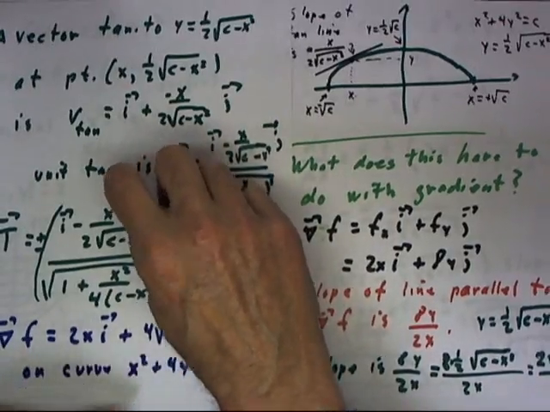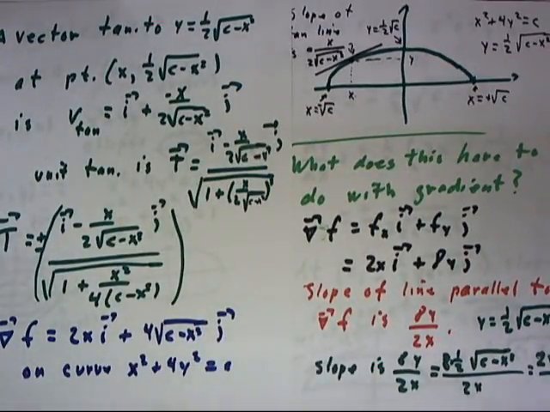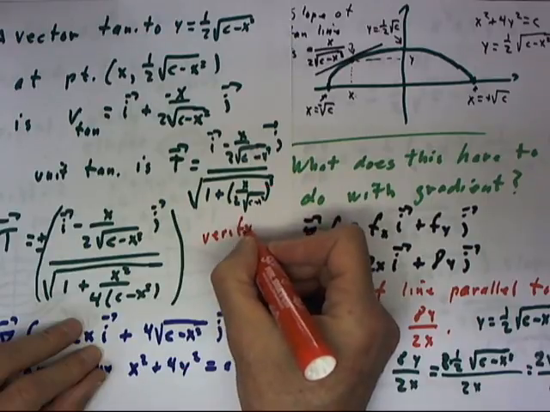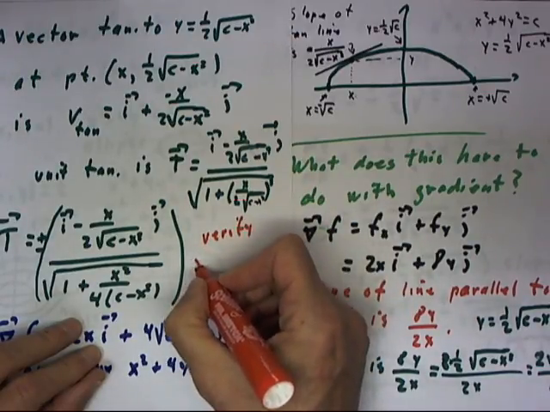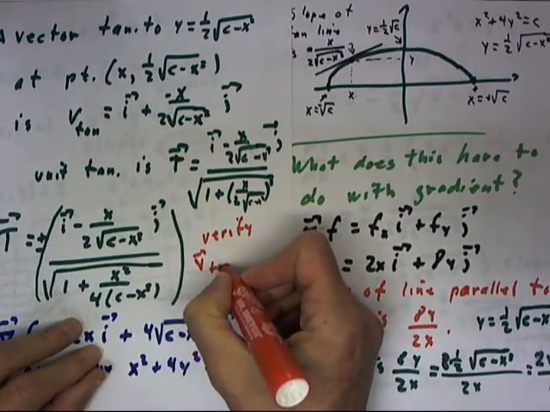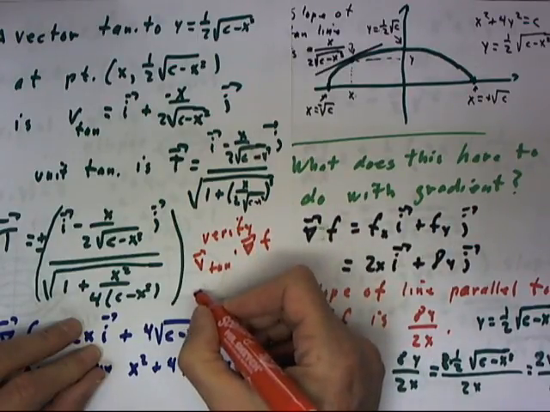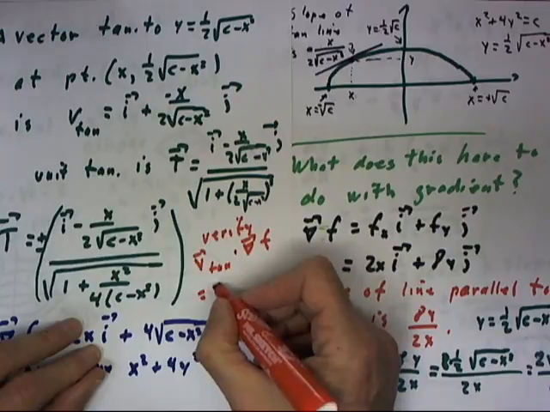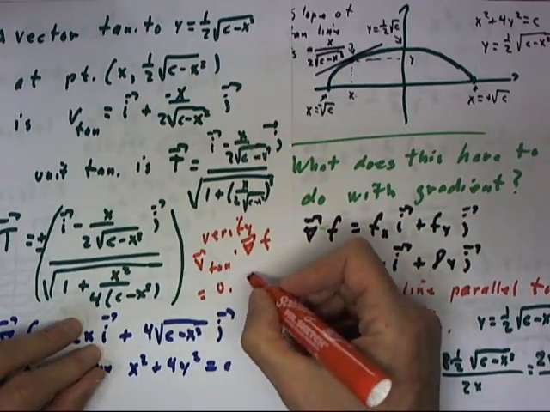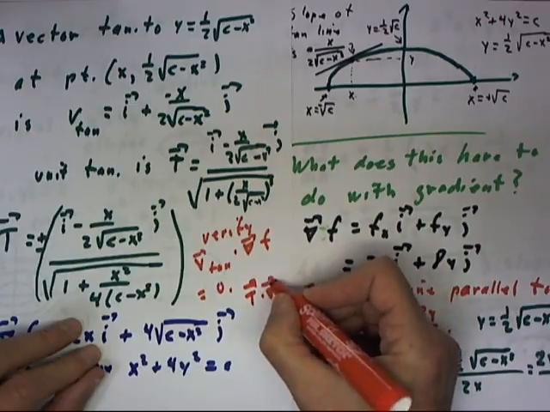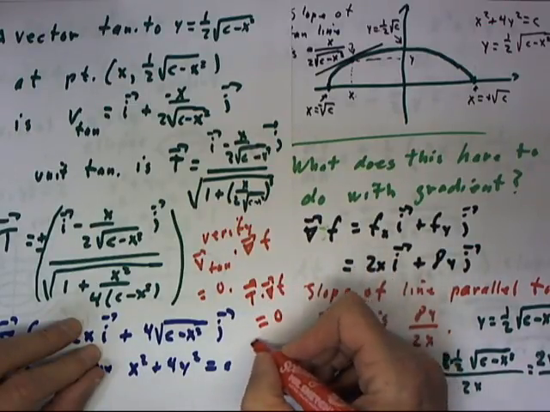So we get 2x minus 2x, which is 0, and we can easily verify that our tangent vector dot del f is equal to 0. Also, the unit tangent vector dot del f equals 0.